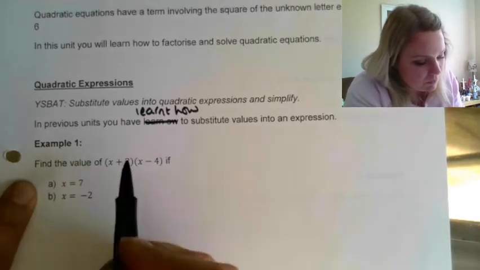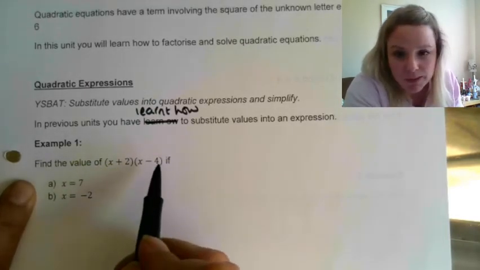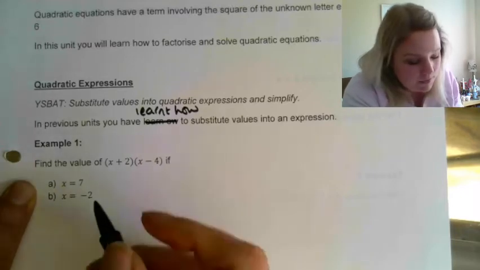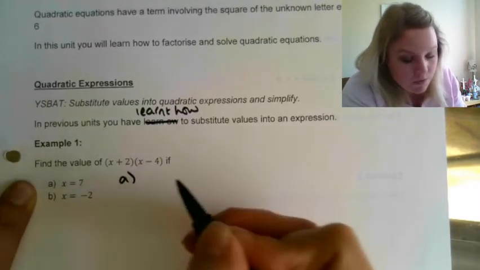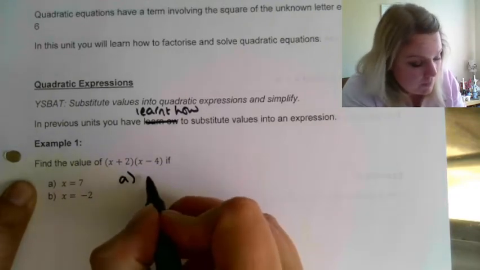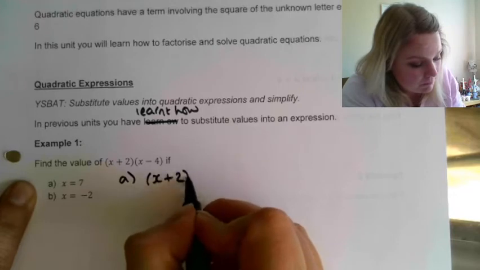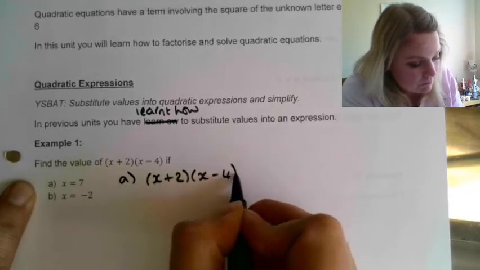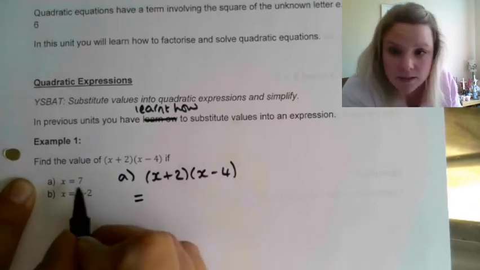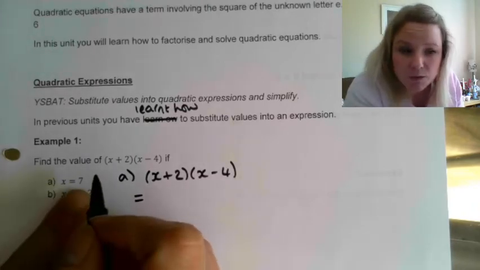Find the value of x plus 2 multiplied by x minus 4 if in part A x is 7 and in part B x is minus 2. So for part A, first of all, the first thing we need to do always is to write out the question, obviously. Then all we need to do is replace these with the numbers that we've been told.